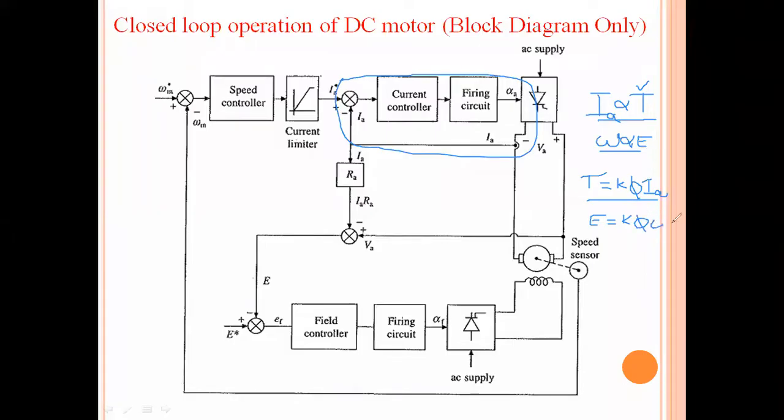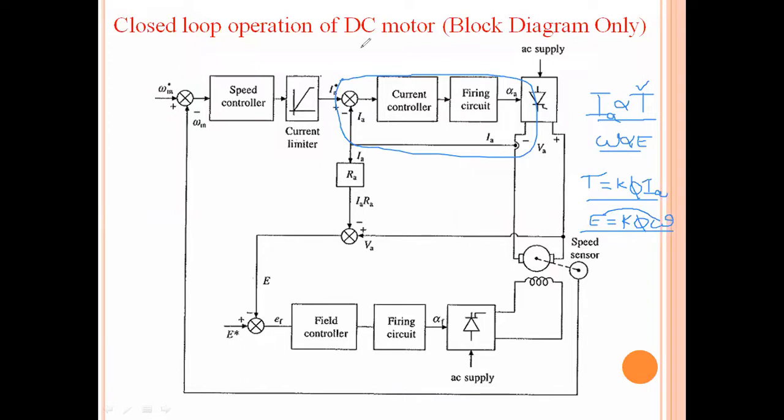We have seen these expressions in machines 1 and also in our first unit. EB is equal to K phi omega, means voltage is related with the speed, torque is related with the current. So this inner current loop is definitely helpful for the torque for different operating conditions, like starting condition of the vehicle, braking condition of the vehicle, speed reversal, etc.